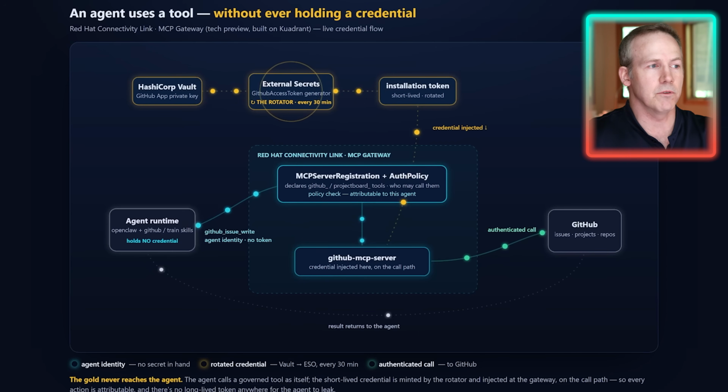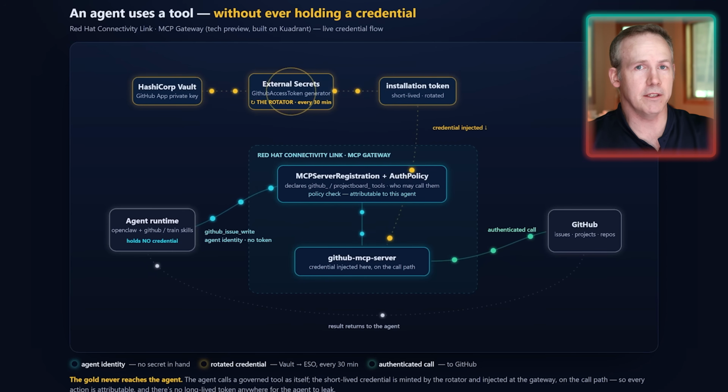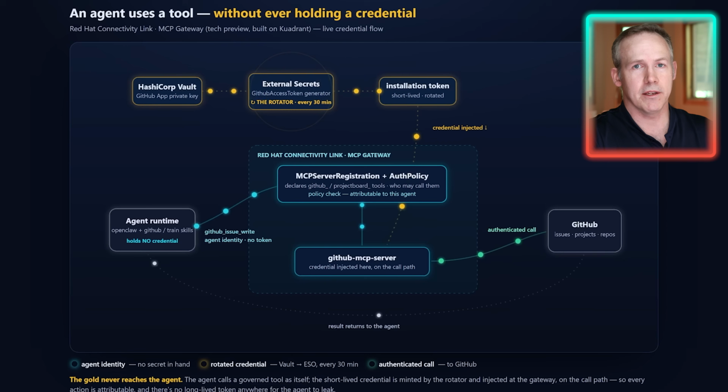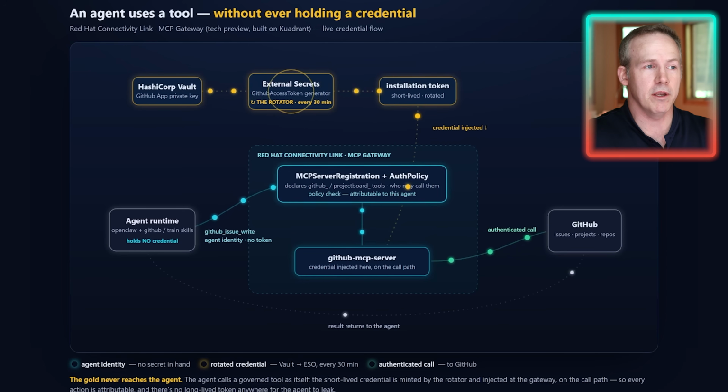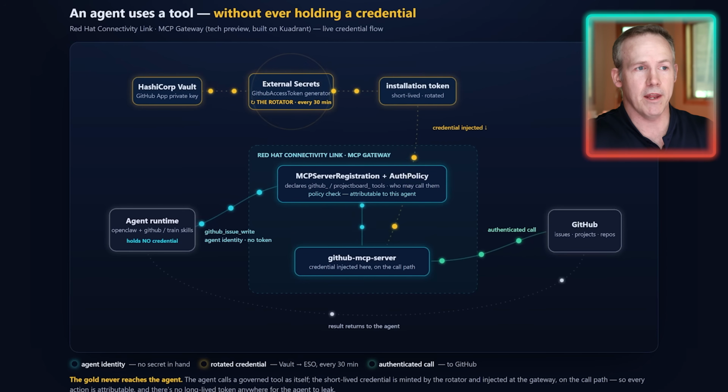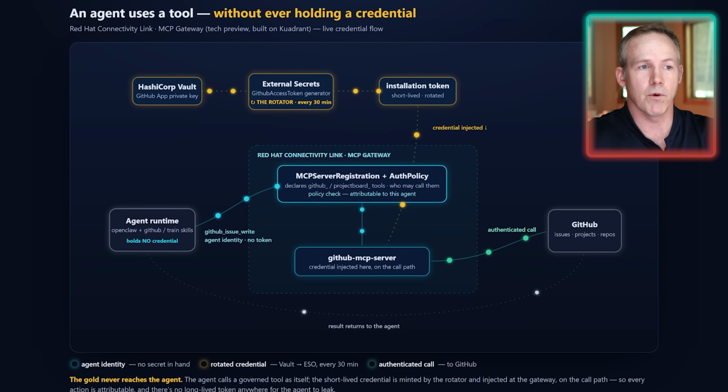So we have this agent runtime. It authenticates as itself. There's a GitHub bot, and it has a short-lived app token that gets generated every 30 minutes. But we use Red Hat Connectivity Link, which has different CRDs, like MCP server registration, that is going to do the work.